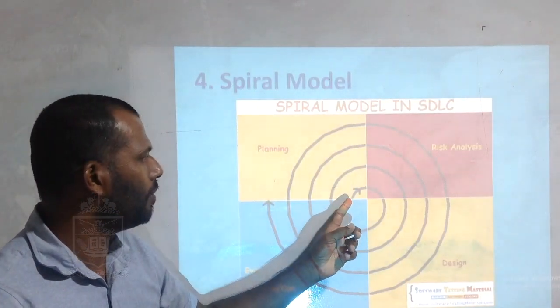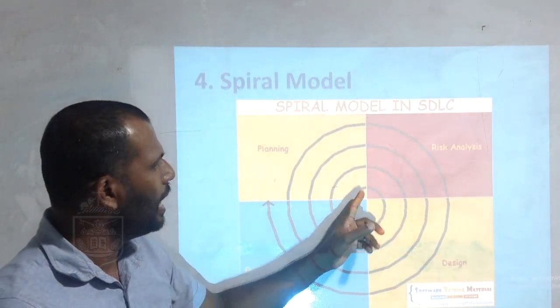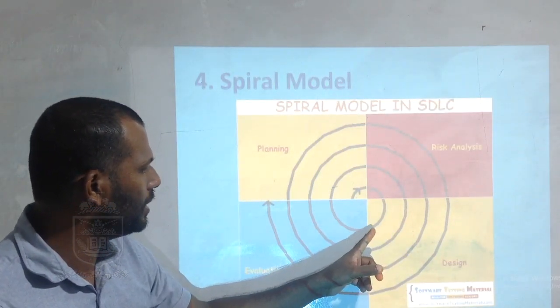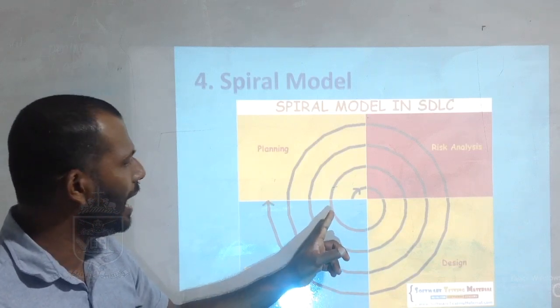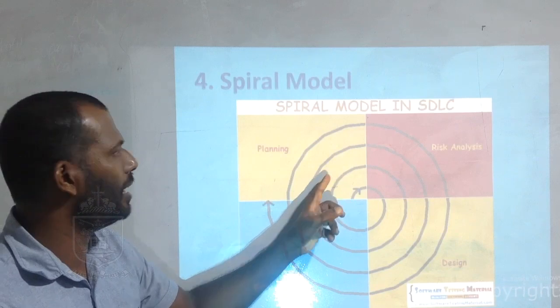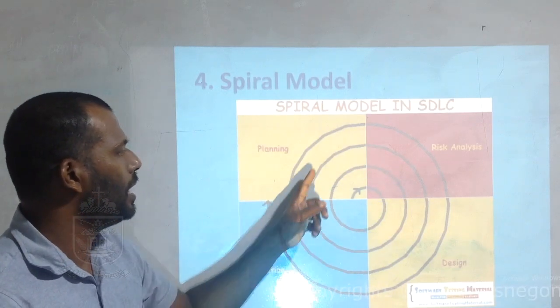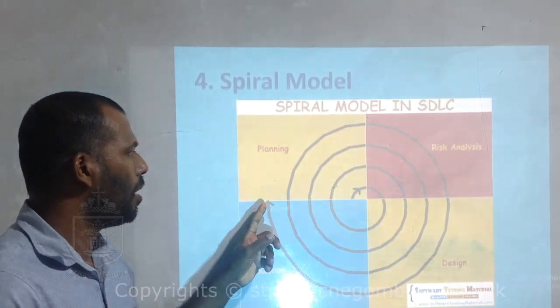You start with planning, risks are identified, then you design your part and evaluate that part, and then you come to the next round of planning and risk. Likewise, you complete, and finally you get the product.